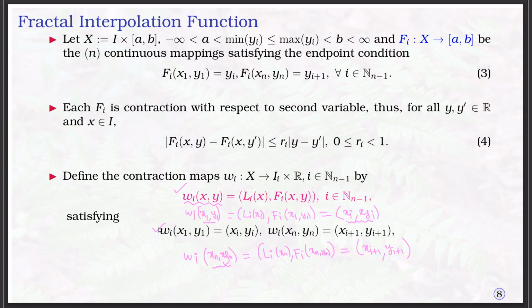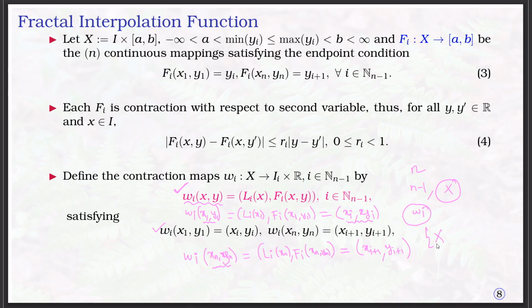If n data points are given, we have n minus 1 mappings. Now, this X is a complete metric space, and in particular all the Wi's are contractions. So we have a complete metric space and contraction mappings.